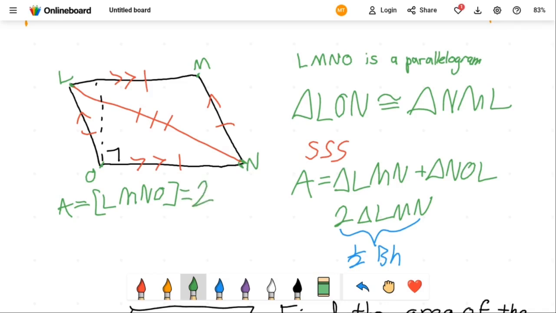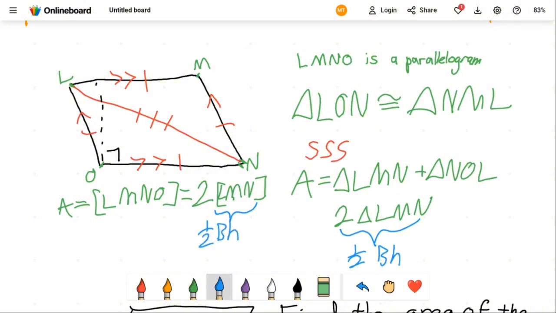2 times the area of triangle LMN, and then to find the area of that triangle, we need 1/2 of the base times the height.